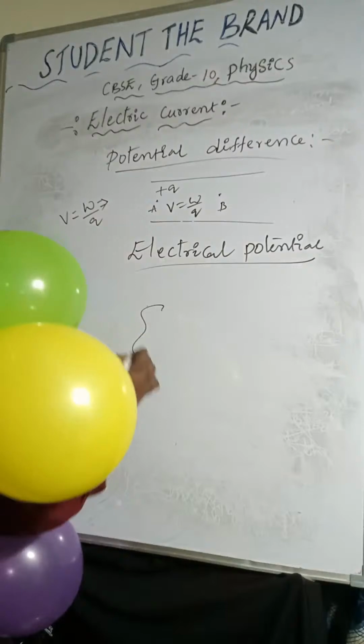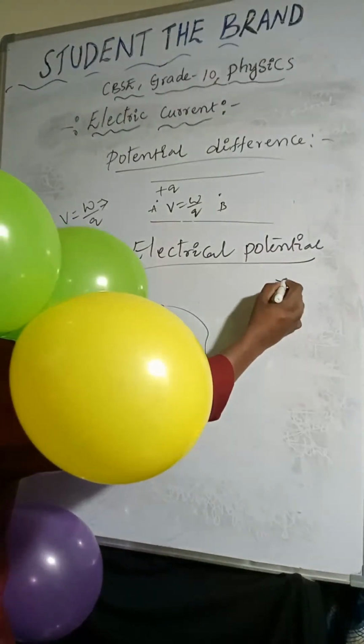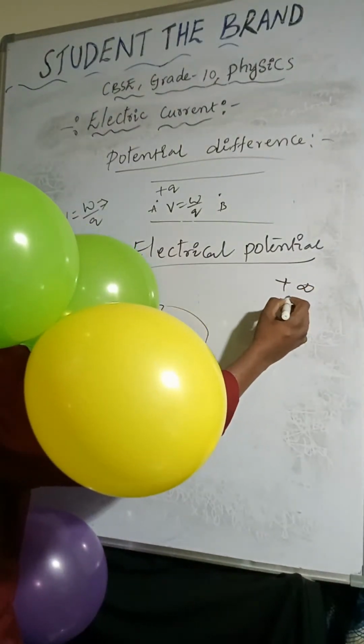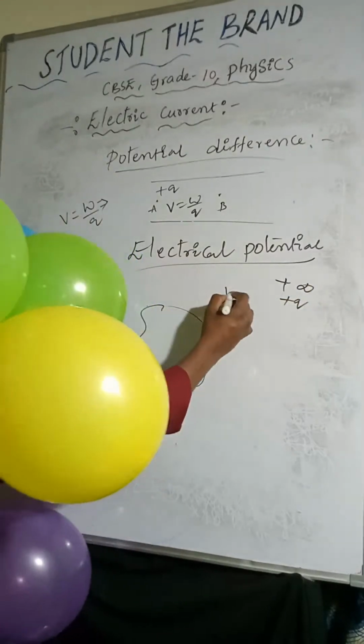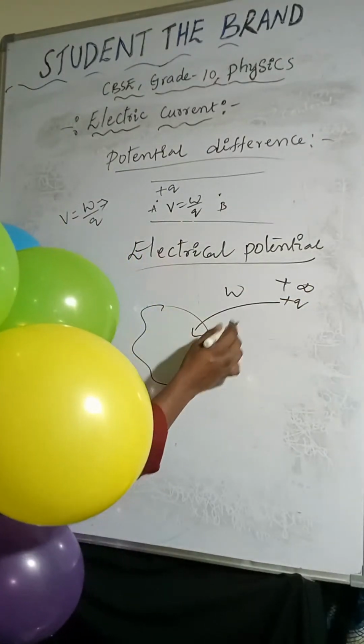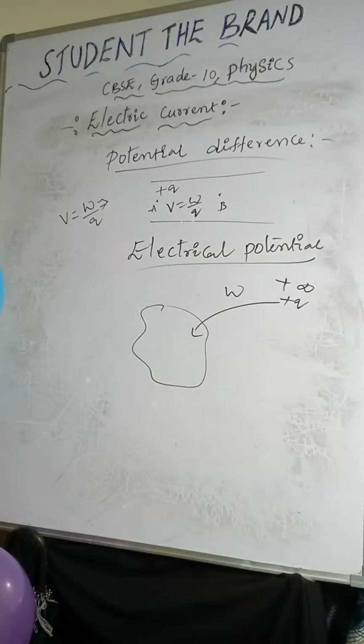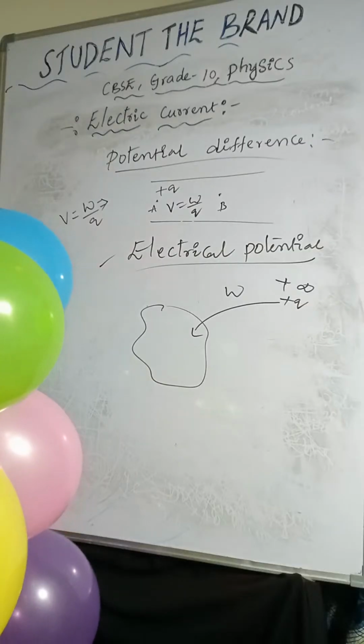So here this is the field, and this is the infinity. We are doing work to bring unit positive charge from infinity to the required field, and it is called electrical potential.